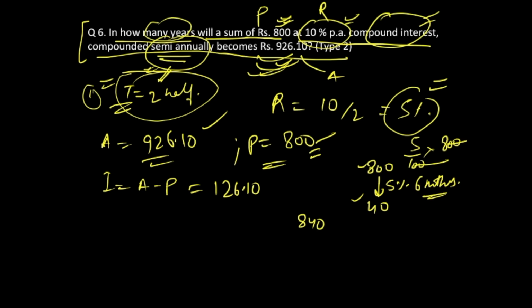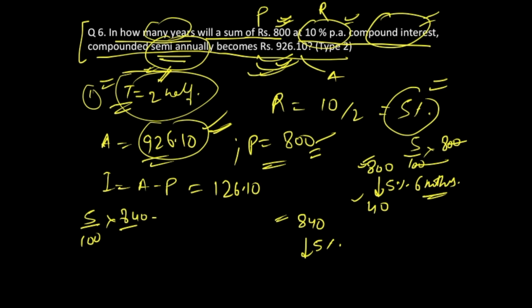Your amount of 800 has turned into 840, right? We'll continue this process until we get our final sum as 926.10, because that is what is provided to us. So again, for the next 6 months, you're going to apply the same 5% rate, and 5% of 840 is going to be 5 by 100 into 840, right?